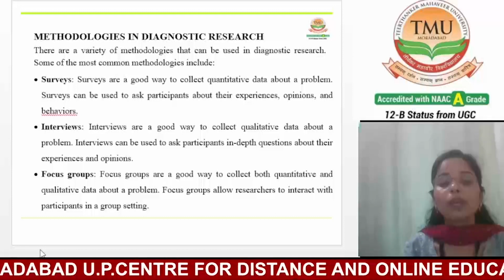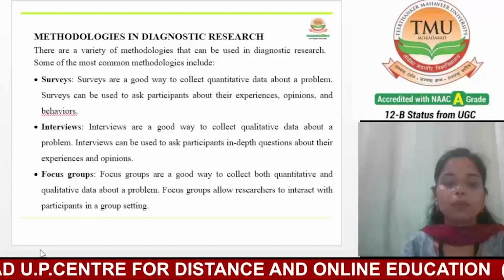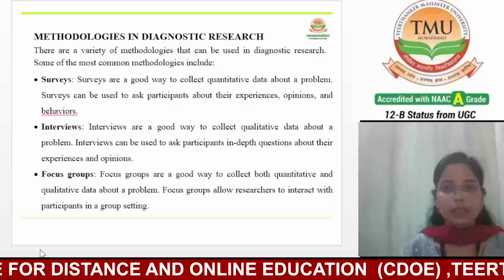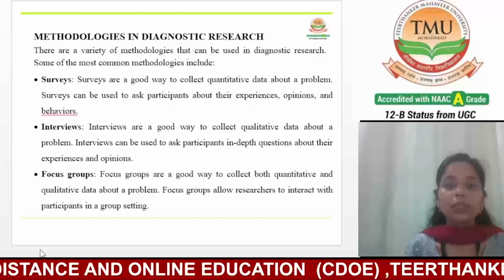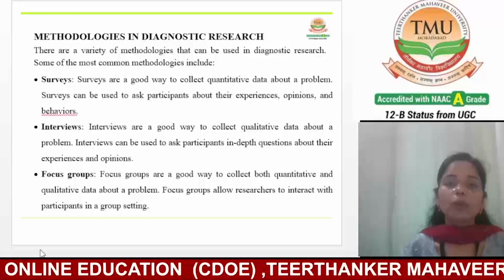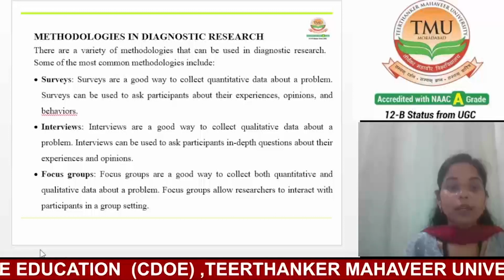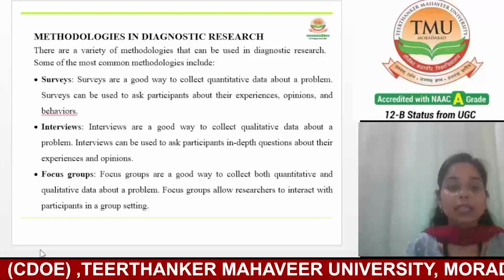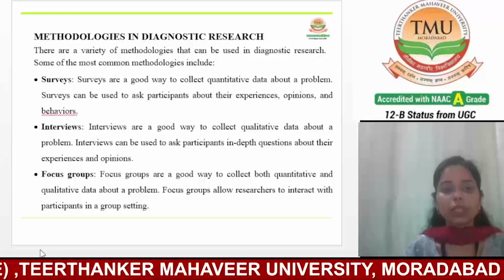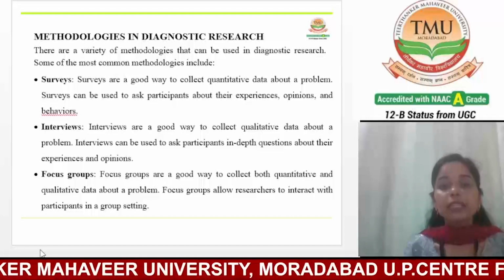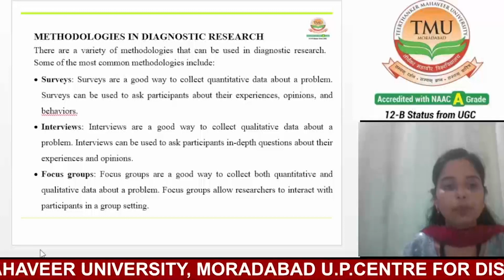Now, the third one is focus group. A focus group is like a group discussion. A researcher brings together a small group of people to talk about a specific problem. The researcher guides the conversation to gather information and insight from the group.